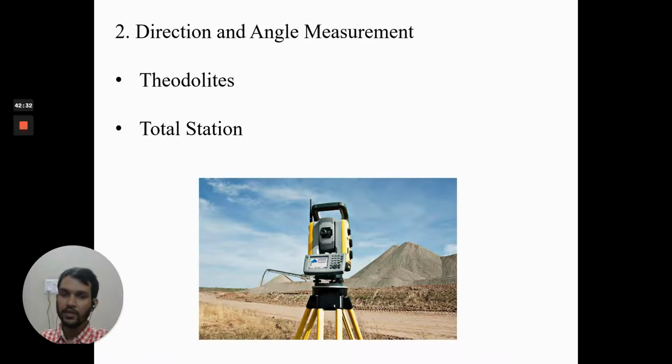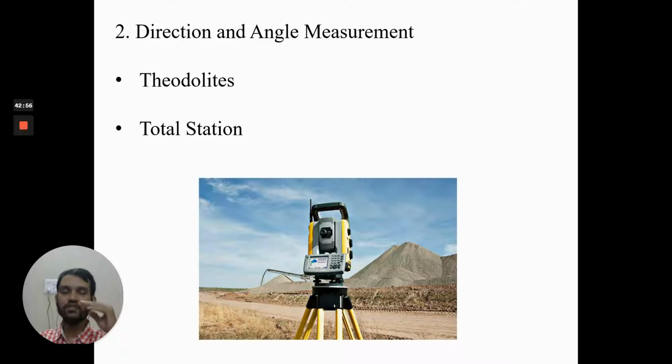How you need to operate it may differ, but the basic techniques, the basic parts of the instrument, how we can make it level, and how the centering can be done are the same. By leveling, I mean that its line of sight should be perfectly parallel to the ground surface, completely parallel with respect to the earth's surface. Only then will our measured distance be exactly correct.